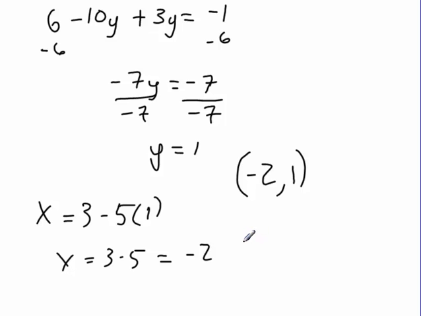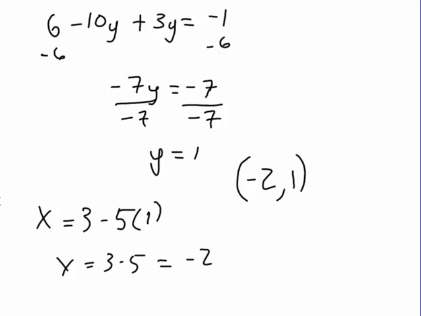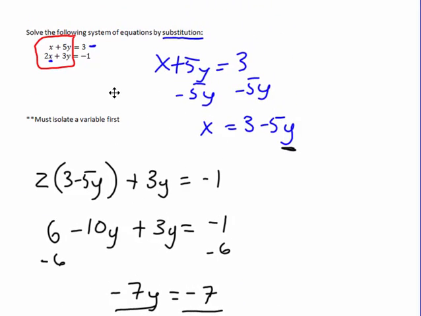Not terrible. Not too bad. So let's just recap real quickly what we've done. We've picked one of the 4 variables here that had a coefficient of 1. In other words, it's the variable by itself. And I solved that equation for that variable. And then I took what it was equal to in terms of y, so x in terms of y, and I plugged it in for this x here.